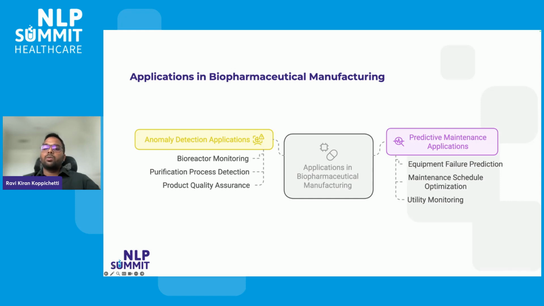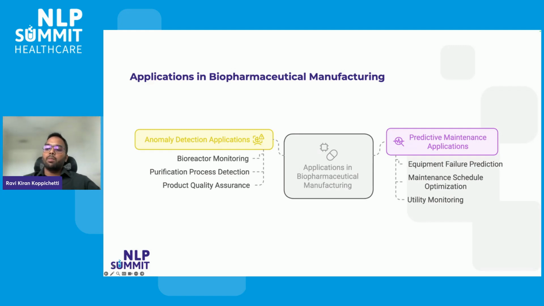To illustrate the impact of these technologies, consider a real world example. One of the major biopharmaceutical companies I know of faced frequent failures in its chromatography columns, leading to production delays and increased costs. By implementing a predictive maintenance system using IoT sensors and ML models, the company was able to monitor parameters such as pressure, flow rate, and UV absorbance, and many such.